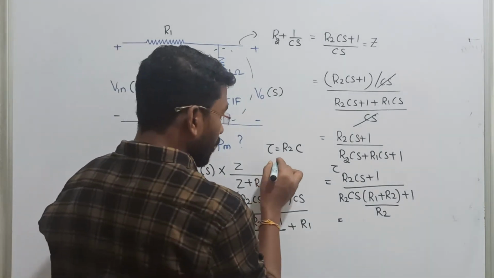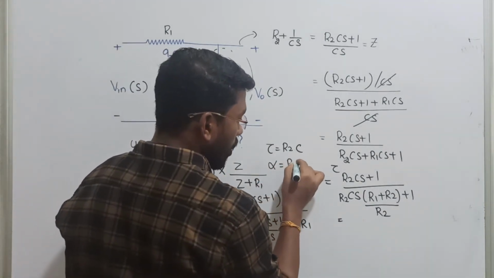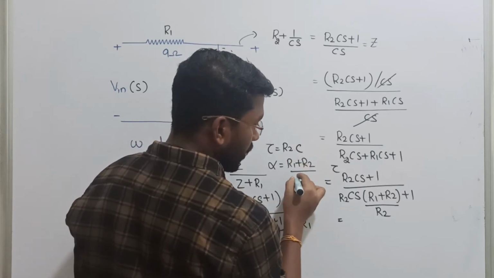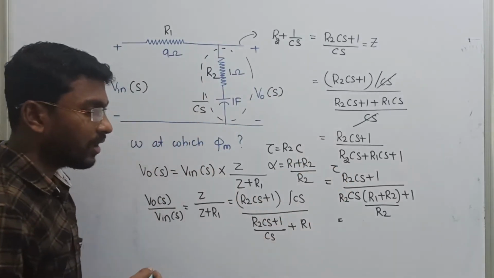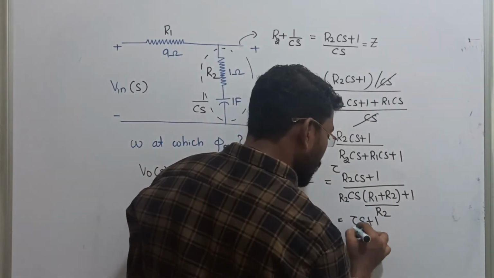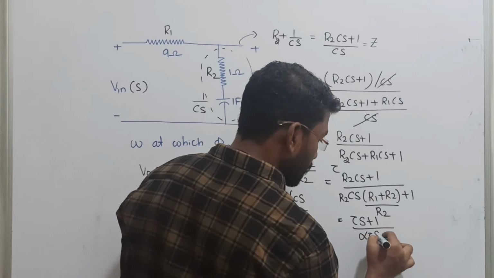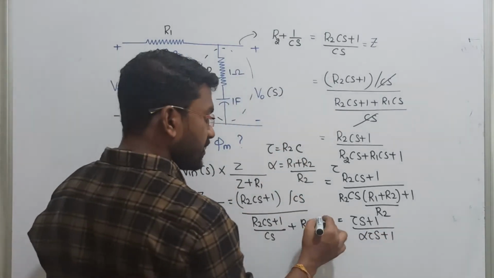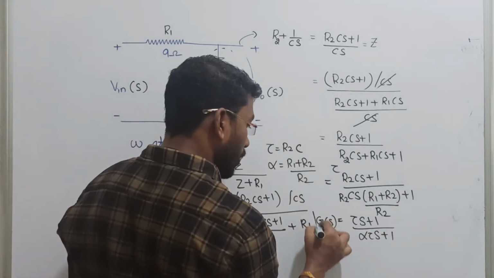So the value of attenuation factor alpha will become R1 plus R2 divided by R2. These derivations we have already seen, such that the generalized transfer function will become tau s plus 1 in the numerator, and alpha times tau s plus 1 in the denominator. Yes or no? This is the general transfer function of our lag compensator.